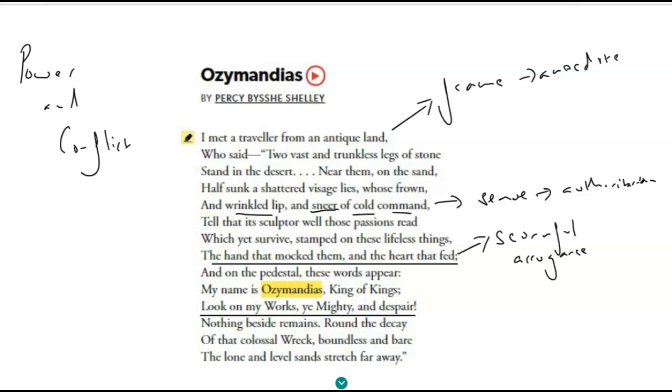So he's addressing this to other powerful people, maybe other powerful men in the kingdom, or other rulers in different places, or even future rulers, future pharaohs. And he's saying to them, look at what I've done and despair. So basically, compare yourself to me and look how inferior you are. Go and cry in a corner because I am so much better than you. So this is a real play of status.